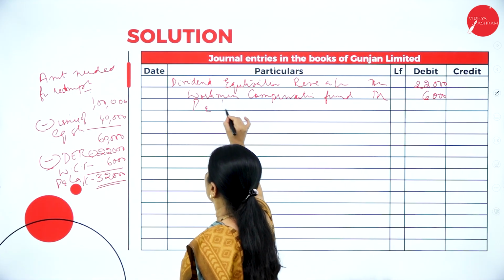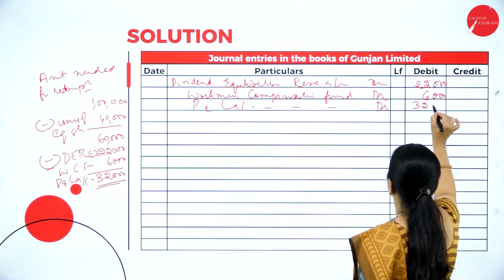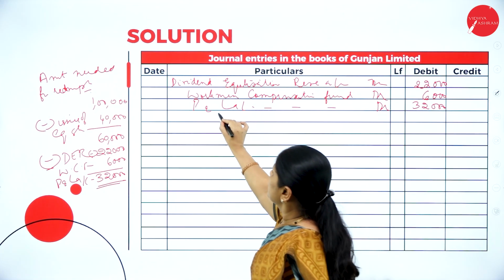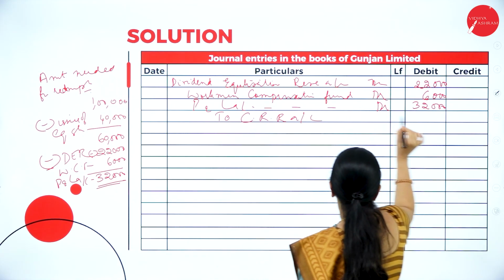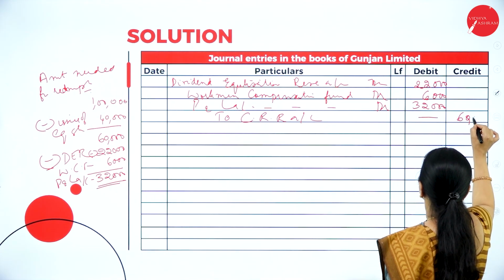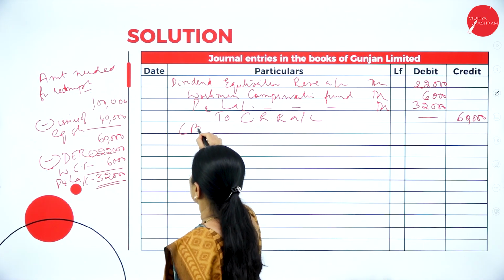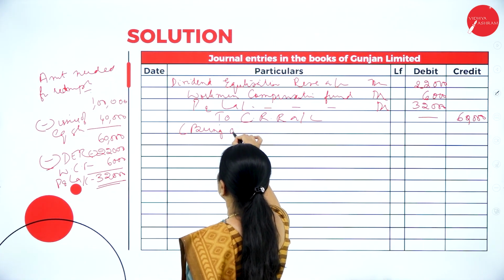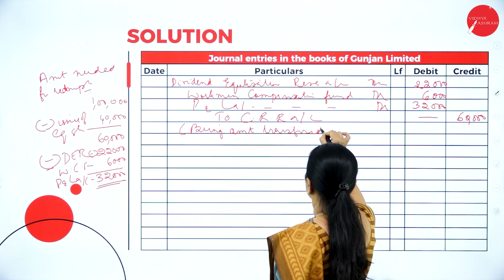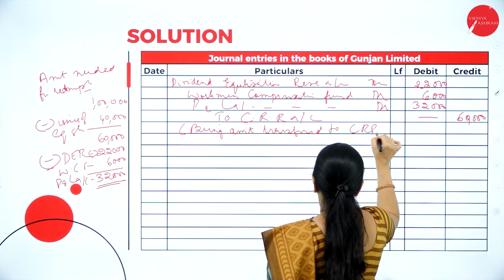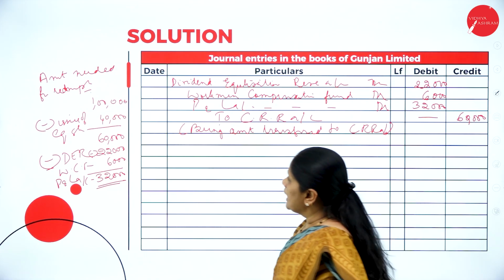Then profit and loss account debtor, 32,000, to capital redemption reserve account, 60,000, being amount transferred to CRR account. So this is the amount to be transferred to CRR account.